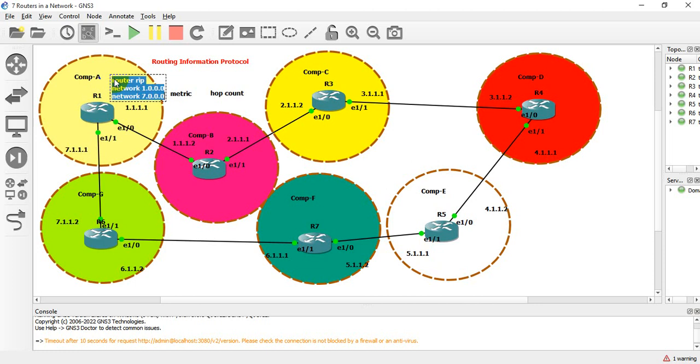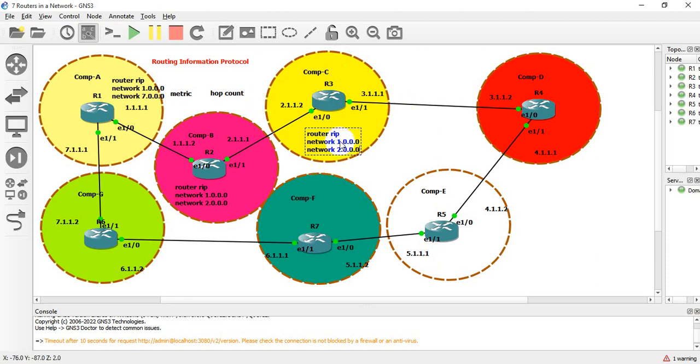The same situation applies for other routers to configure routing information protocol. On this router, on this company, the commands of routing information protocol would be router rip, and the connected networks are 1 and 2. So you should write 1, and another one would be 2. Okay. On company C, how to configure routing information protocol? You should write router rip, and write the connected networks 2 and 3.